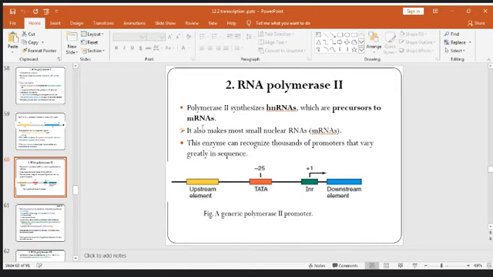And this RNA polymerase 2 also makes most small nuclear RNAs. Small nuclear RNAs, heteronuclear RNAs are there. But one of the advantages is that in the eukaryotic cells, those RNAs might be premature RNAs and they might undergo post-transcriptional modifications. This enzyme can recognize thousands of promoters that vary greatly in sequence.